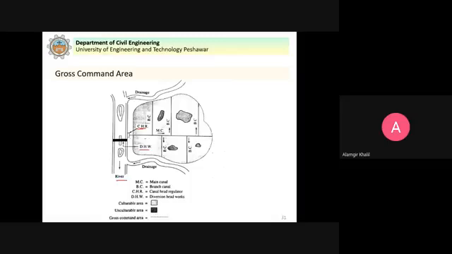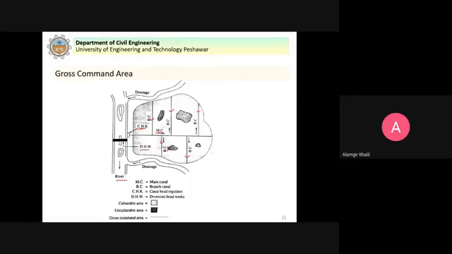This is the main canal, and from the main canal we have the branch canal, and so on. We will study the canals and their design, diversion head works, and canal head regulator in detail.